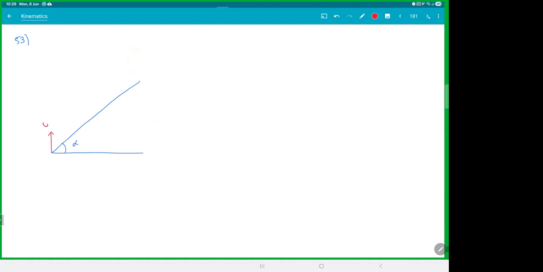You are throwing a particle with speed u at an angle theta. This particle flies and hits the incline perpendicular to the surface. So when this is hitting the incline, it will hit perpendicular to it. Find the relation between u, theta and alpha.